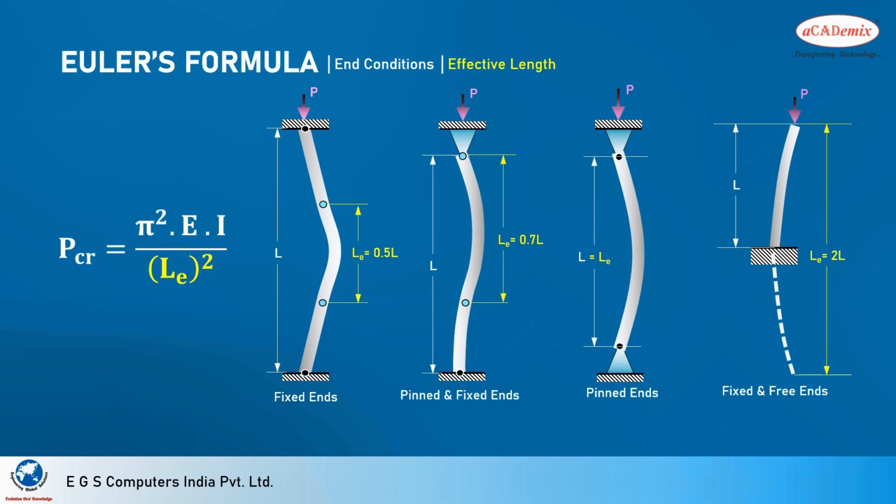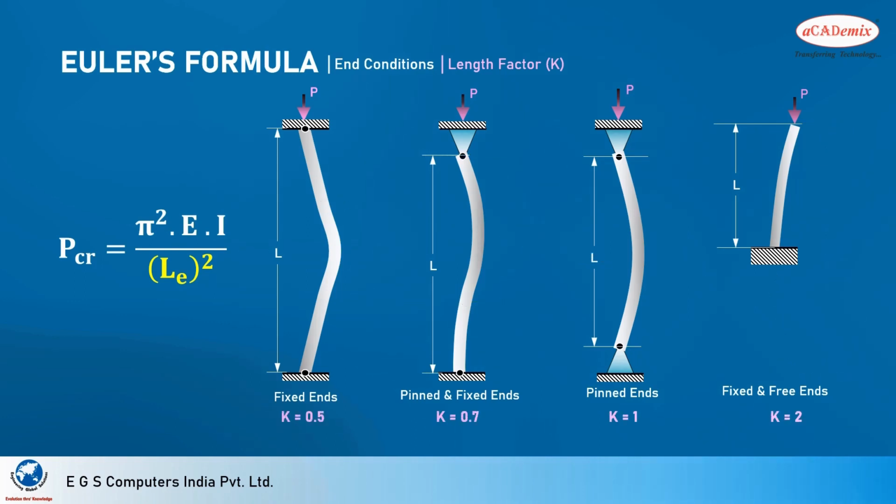It can also be represented as length factor K. That is, for fixed ends, length factor is 0.5. For pinned and fixed ends, length factor is 0.7. For pinned ends, length factor is 1. For fixed and free ends, length factor is 2.